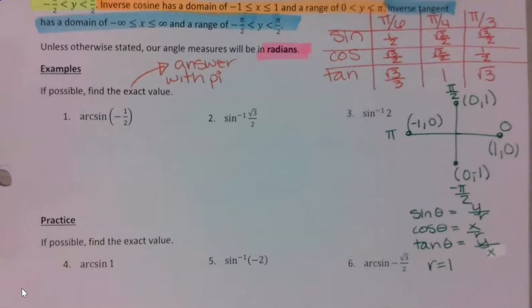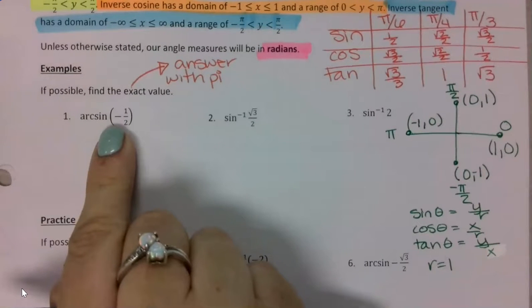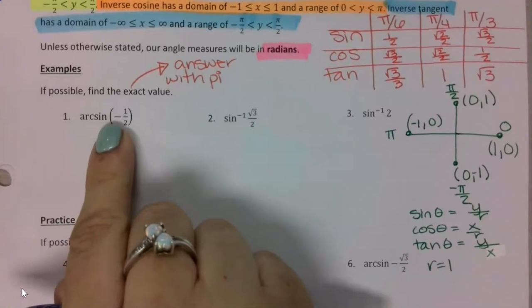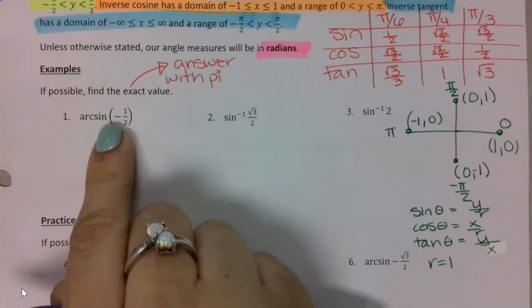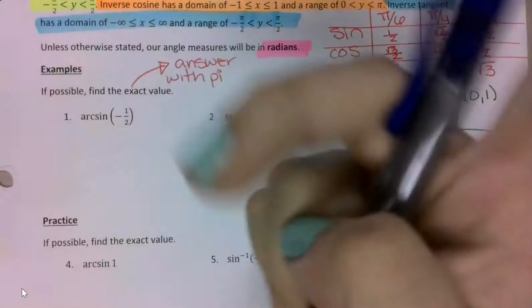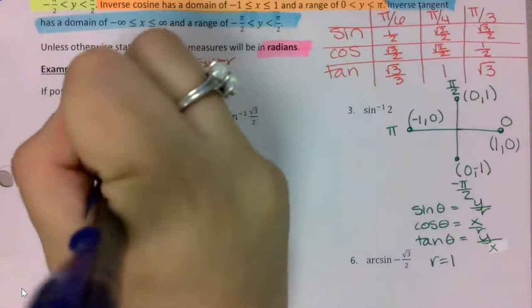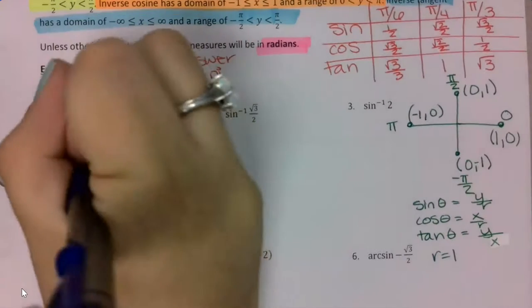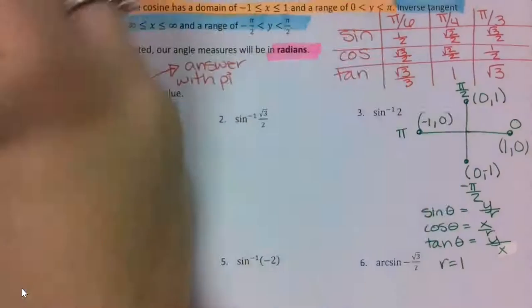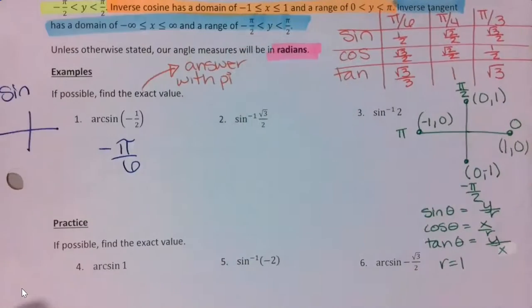Okay, so what I'm going to do here is I want to look for where the value of sine gives me 1/2. So using either the chart I wrote in red or the graph I wrote in green, where does sine equal 1/2? Pi over 6. Notice this isn't positive 1/2, it's negative 1/2, right? And the reason this works is if I think of just sine, I'm restricted by my range between negative pi halves and pi halves.